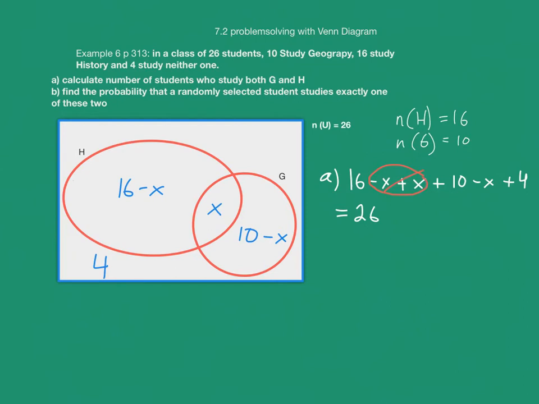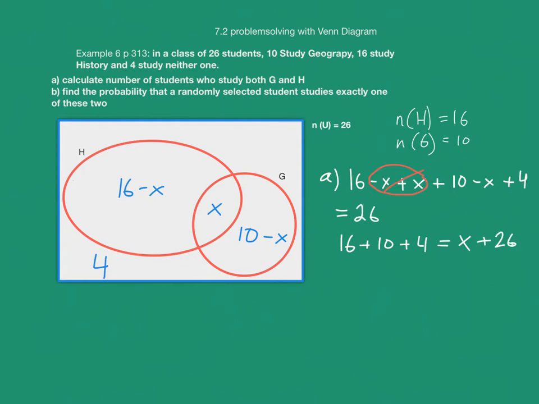So we have 16 plus 10 plus 4 equals x plus 26.